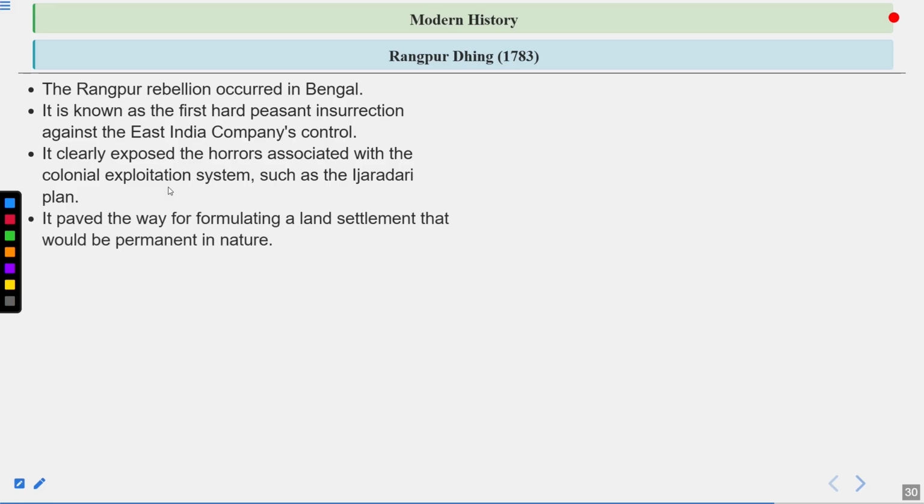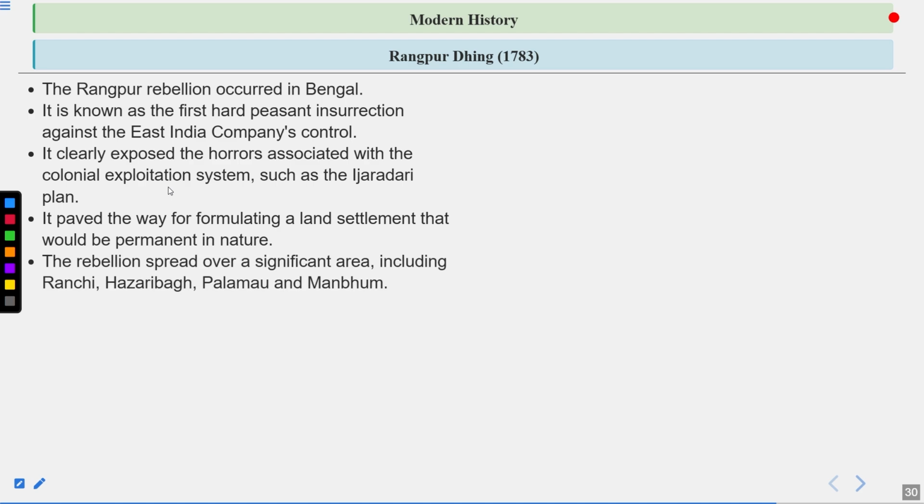It paved the way for formulating a land settlement that would be permanent in nature, the Permanent Settlement introduced by Lord Cornwallis later. The rebellion spread over a significant area, including Ranchi, Hazaribagh, Palamau, and Manbhum. After 2 years of strong confrontation, they lost to the modern weapons of the Britishers.